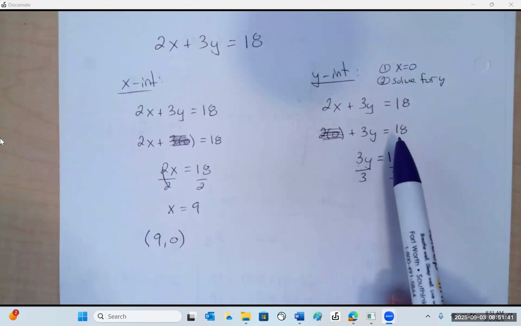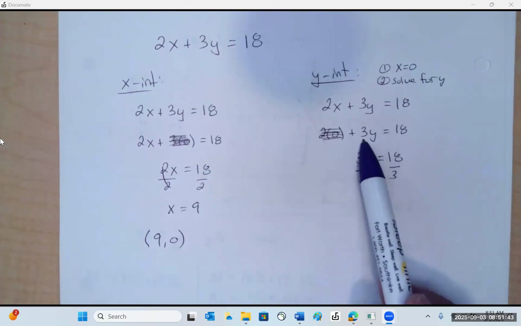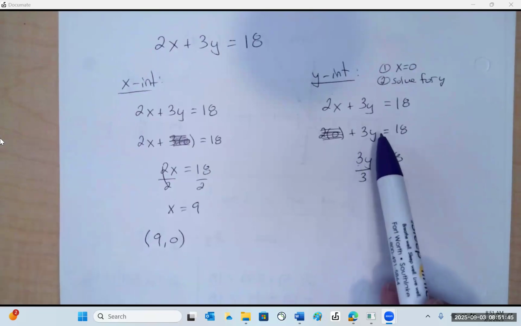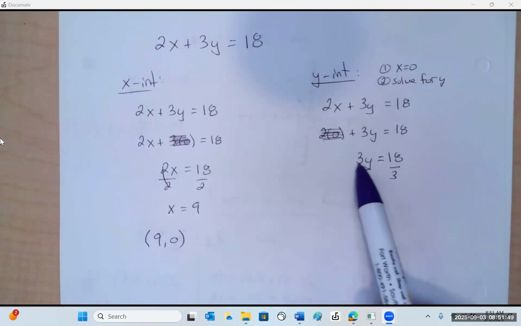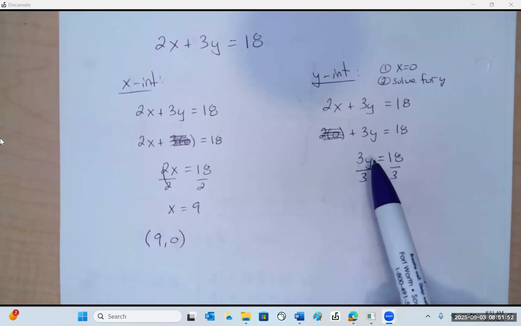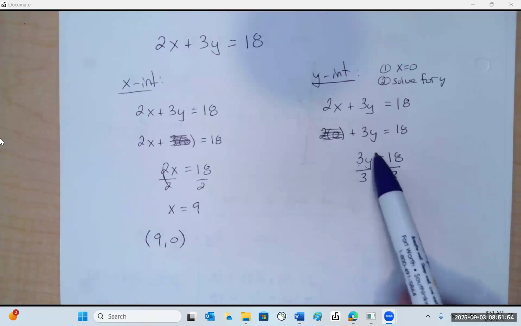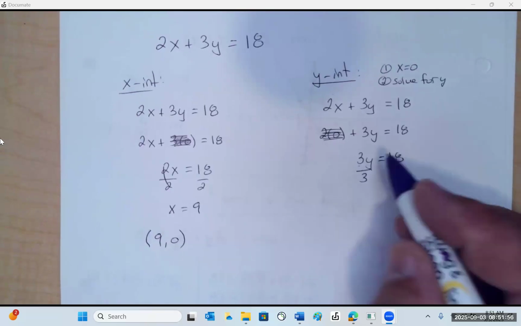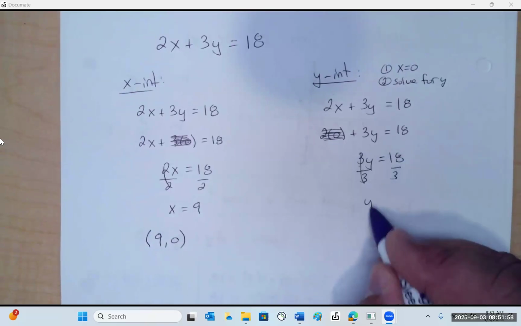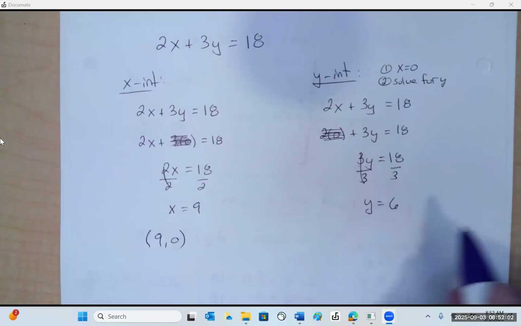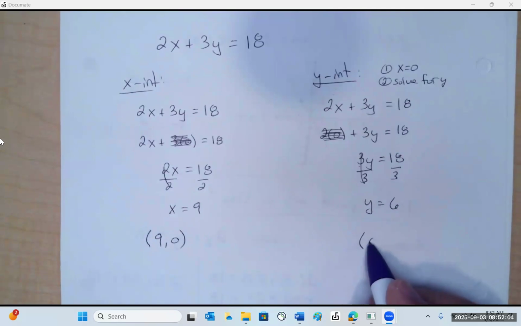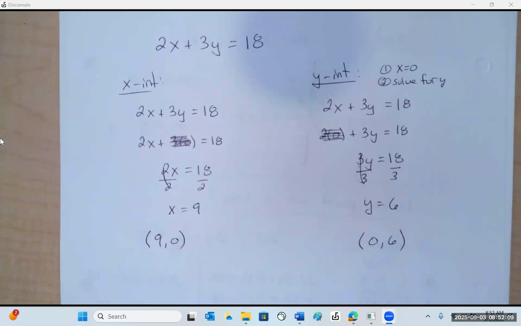Remember, multiplication doesn't have to be there to be there. Instead of 3y, it's 3 times y. Because it's 3 times y, we have to do the opposite to get rid of the 3. We have to divide by 3. So the 3's cancel. 18 divided by 3 is 6. So since we set x equal to 0, there's our y-intercept.